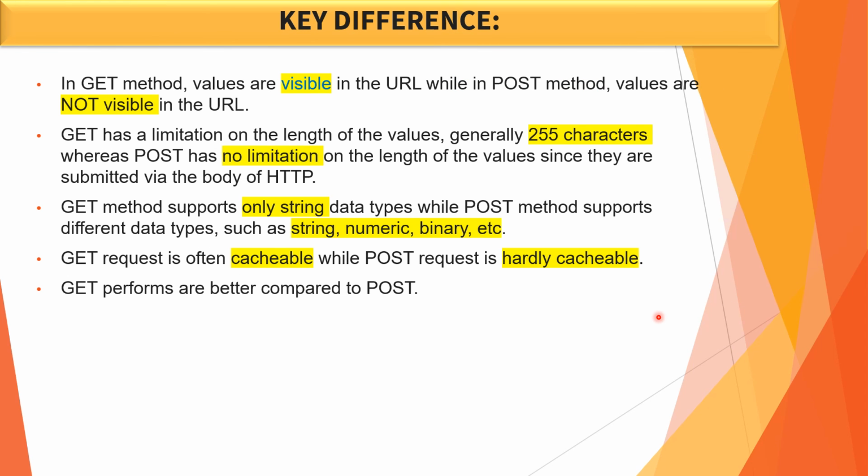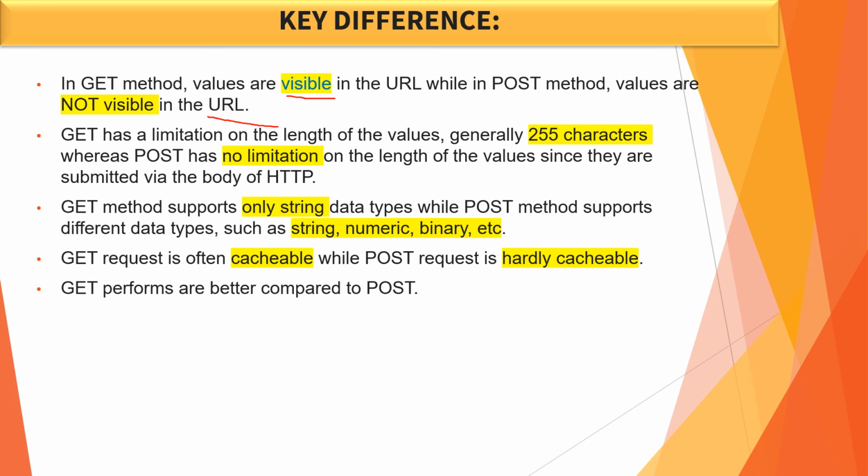What is the key difference between these two methods we use in form elements? In the get method, the values are visible in the URL, while in the post method, values are not visible in the URL.